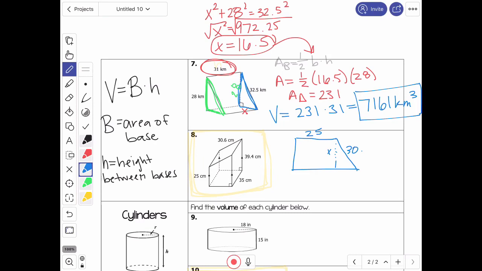This slanted side is 30.6. This distance right here is actually 14.4. The entire distance of the base is 39.4. Okay. And that should be all you need to figure out how to solve number 8 and how to find the volume.